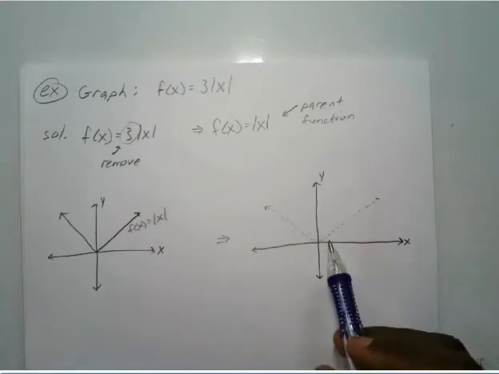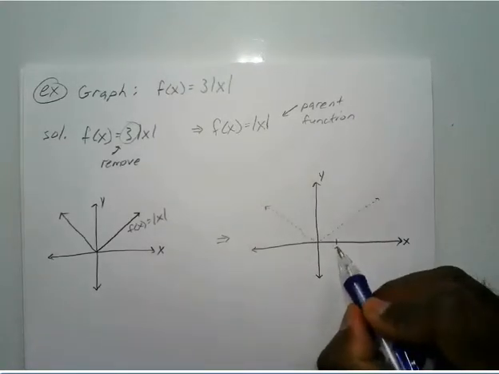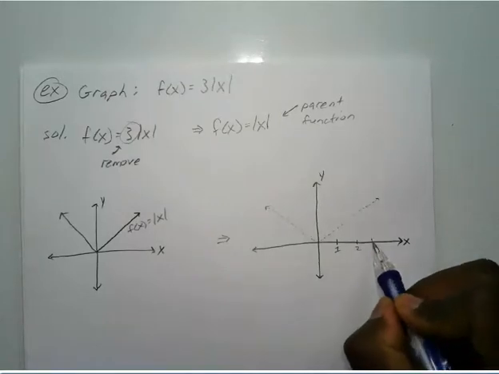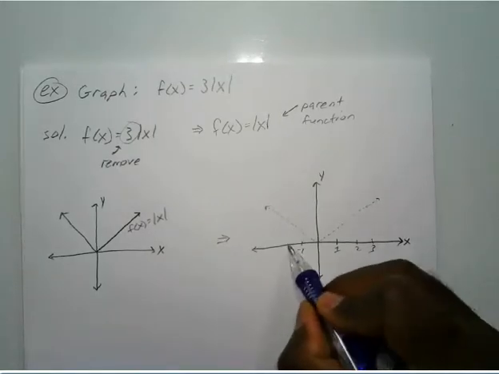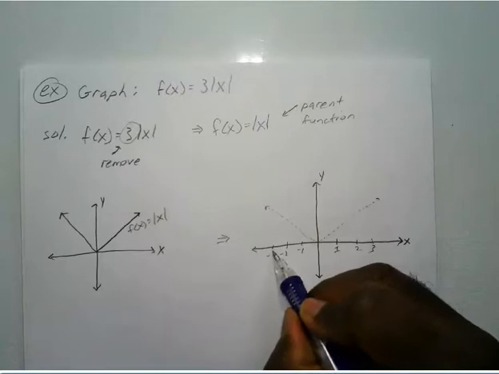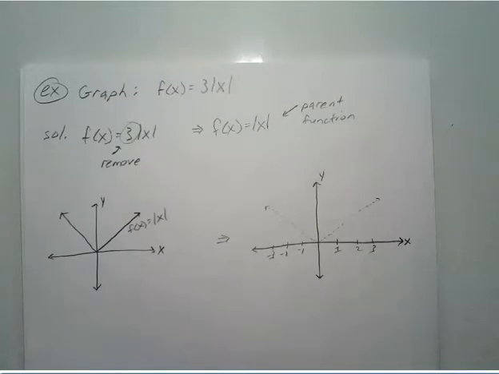Okay, so if you look at it this way, let's say this is 1, 2, 3, -1, -2, -3. Just to give you an idea of what we're looking at.